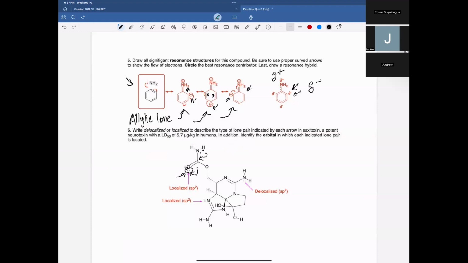Next, we're going to look at these ones. Does anyone think you can do resonance with those? No? Okay, yes, so that is localized. And these ones, does anyone know what resonance pattern those ones can do?